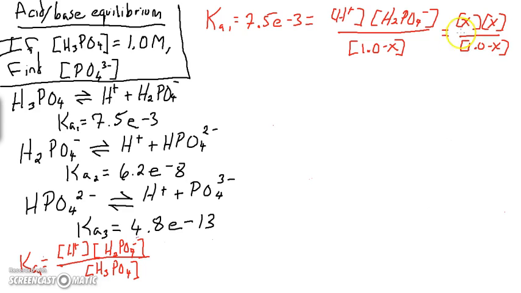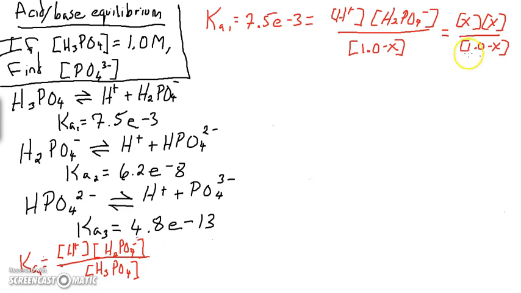So now we have to solve for this. And how do we solve for this? We're going to take this number over here, the 7.5 times 10 to the negative third, and multiply it by the 1.0 minus x. This whole entire thing is a factor being multiplied on both sides, so it'll cancel on the bottom of this side, and then it'll multiply the 7.5 e negative 3.